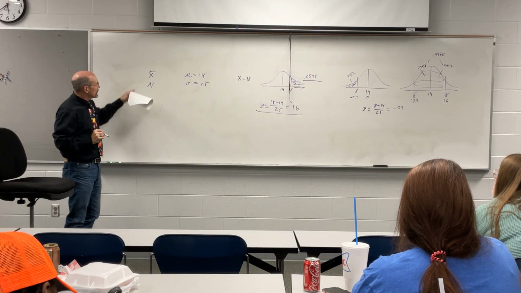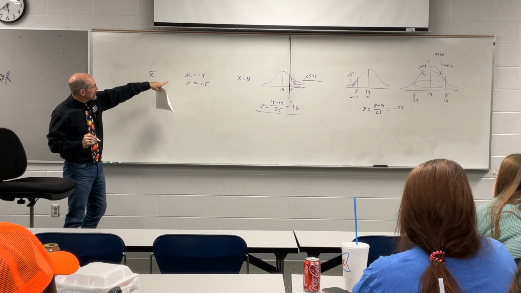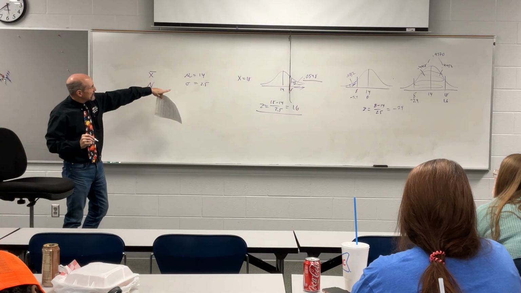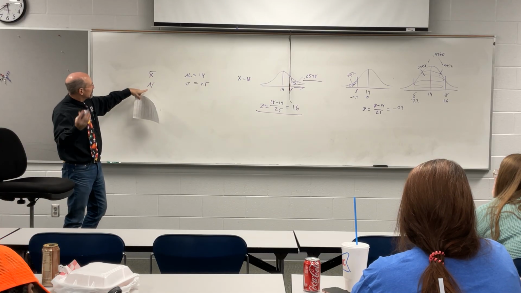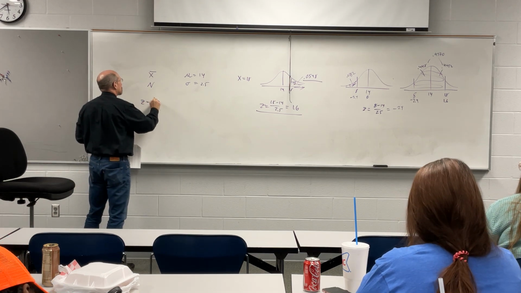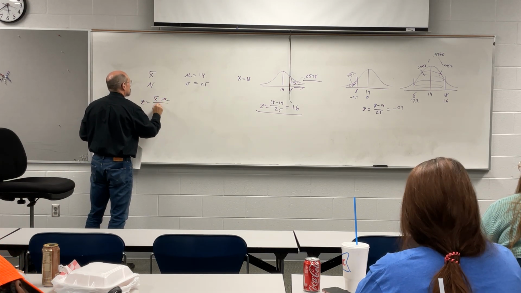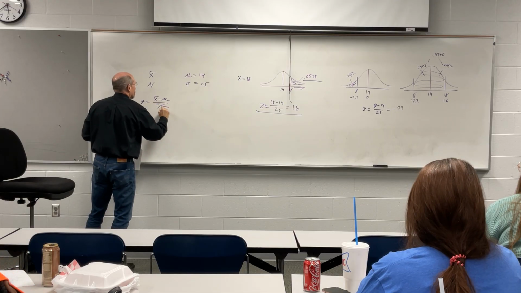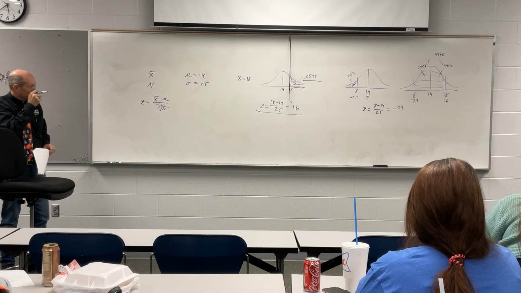Given those 4 values, mean for the population, mean for the sample, standard deviation for the population, number of scores in the sample, that's going to set up as a z-score for the sampling distribution of the mean: x bar minus mu over standard deviation over the square root of n.